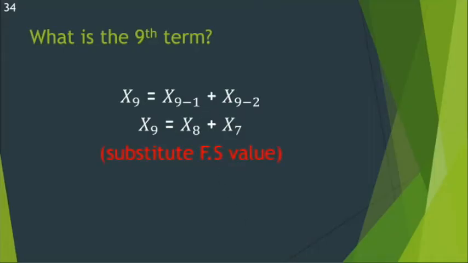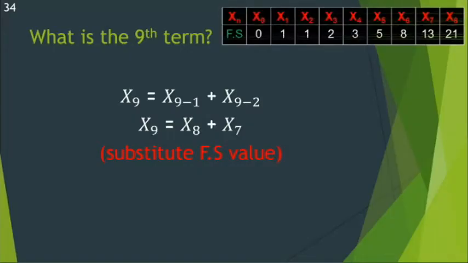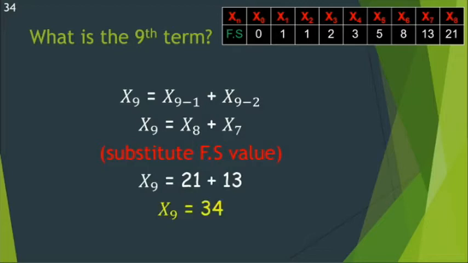So, let's substitute yung value ng nasa Fibonacci sequence. Okay, so yung x sub 8 is actually 21 and yung x sub 7 is 13. So, we have 21 plus 13. So, yung x sub 9 natin is 34.